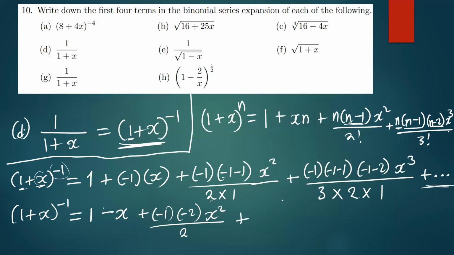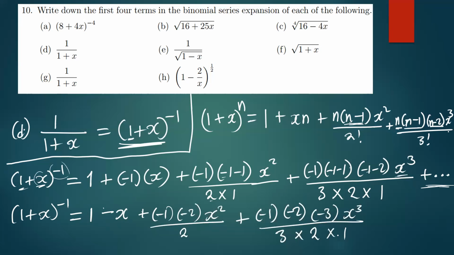Then plus -1, then -1 minus 1, we have -2, then -1 minus 2, we have -3, and then x to the power 3, everything over 3 times 1. So we say plus dot dot dot.